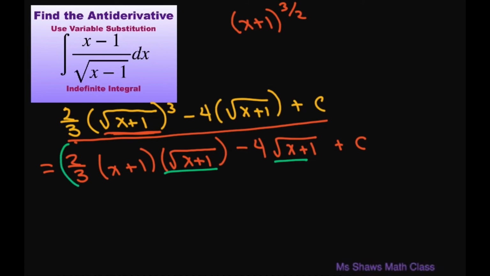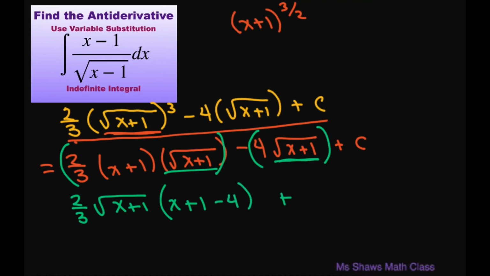So we have this piece and this piece. If I factor out the square root of x plus 1, I'm going to get 2/3 times the square root of x plus 1, and then on the inside, I'm going to have this x plus 1, and for here, I'll just have minus 4 plus c.